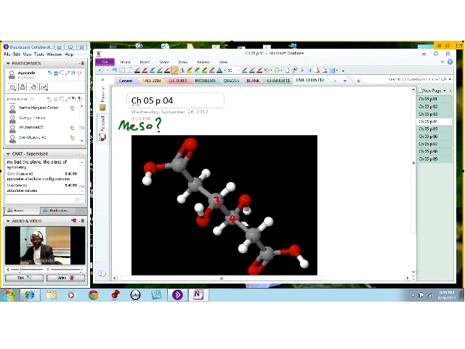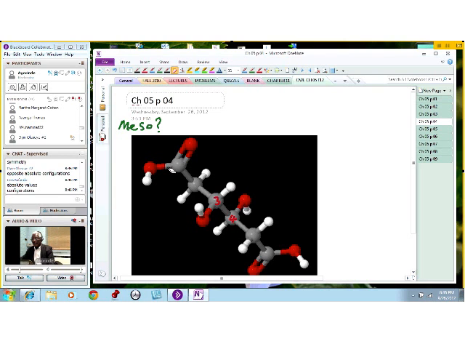Determine the absolute configuration, keeping in mind what they are. Carbon number 4 is attached to hydroxyl, attached to hydrogen, and also attached to a CH2, which is attached to a carboxyl group. Now take a look at carbon number 3, also attached to hydrogen, hydroxyl, and a CH2 attached to a carboxyl.